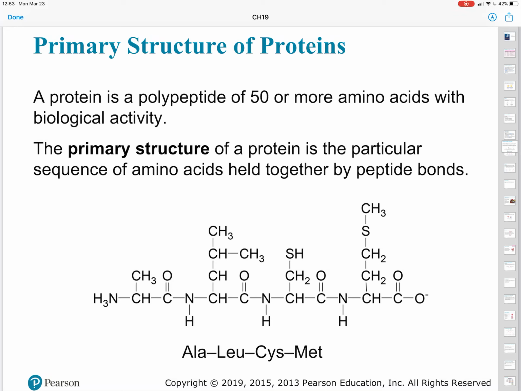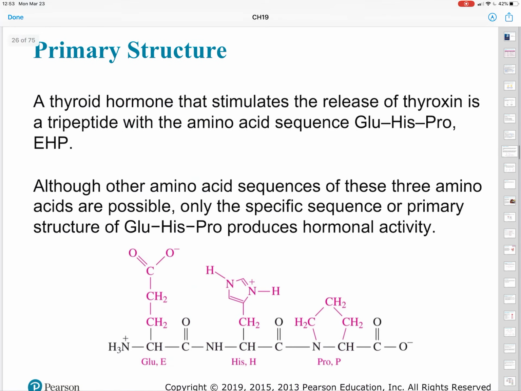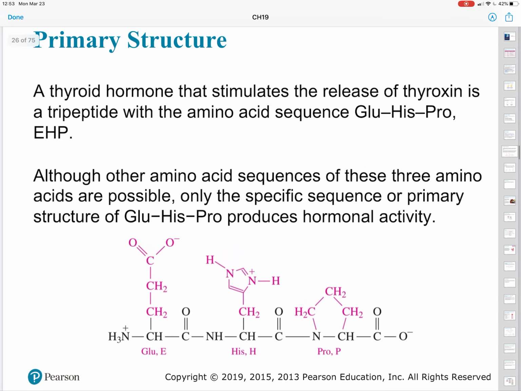The primary sequence of which is alanine, leucine, cysteine, methionine. So just the order of amino acids is what primary structure is. It sounds misleading, structure, like it's some kind of building or arrangement. It's just the order.